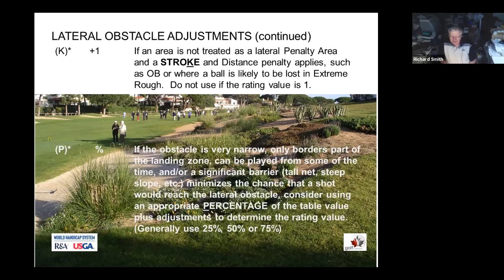And again, they're suggesting that we get in the habit of just using 25%, 50%, or 75%, rounded, of course, to an integer for the percentage adjustments.